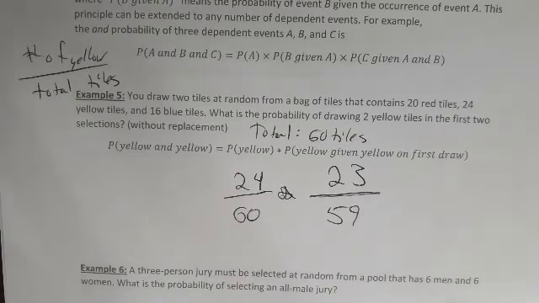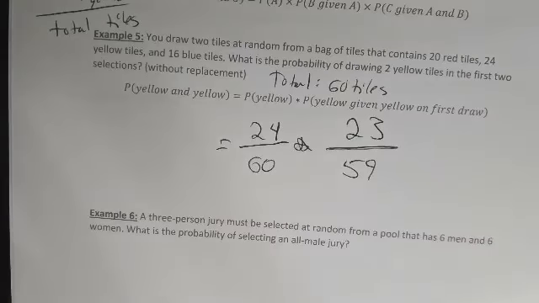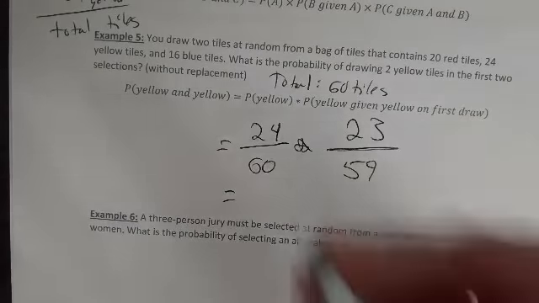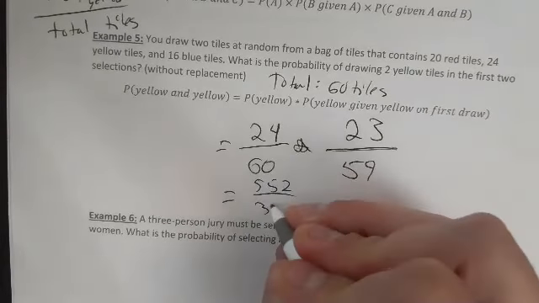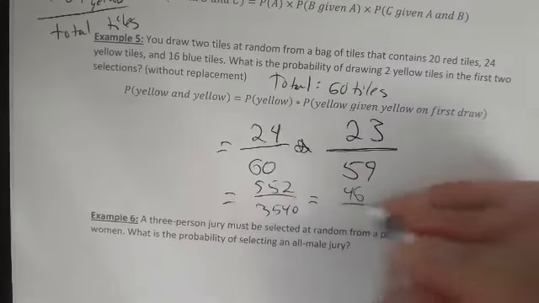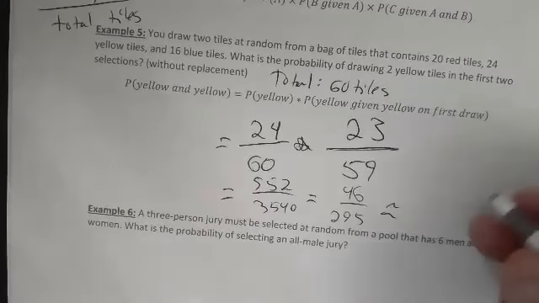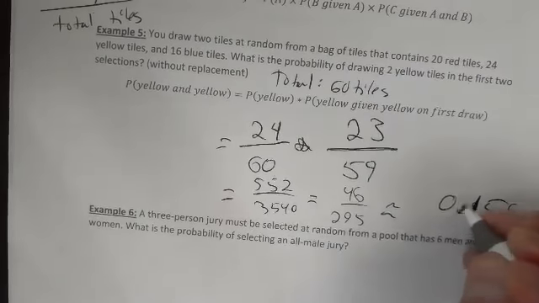So now this probability should look something like this. My total number is going down, and the number of yellow tiles goes down. And if I account for both of those, I get 552 over 3540. They reduce to something like 46 over 295. But the thing I probably want is 0.156, somewhere in that ballpark, right?